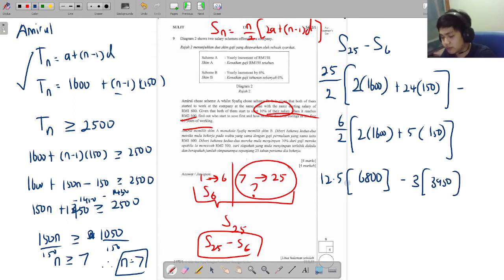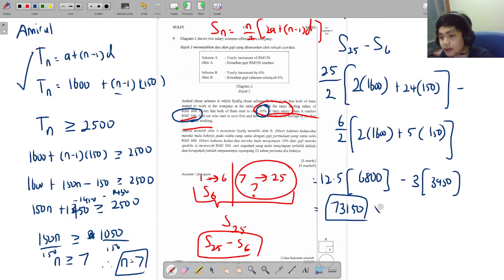So I'm just going to multiply, and we get 73,150 ringgit. Now, this isn't the correct amount, because don't forget, he saves 10% of his salary when it reaches 2,500. So in other words, he saves this amount every month, because he gets salary monthly, not yearly, right?